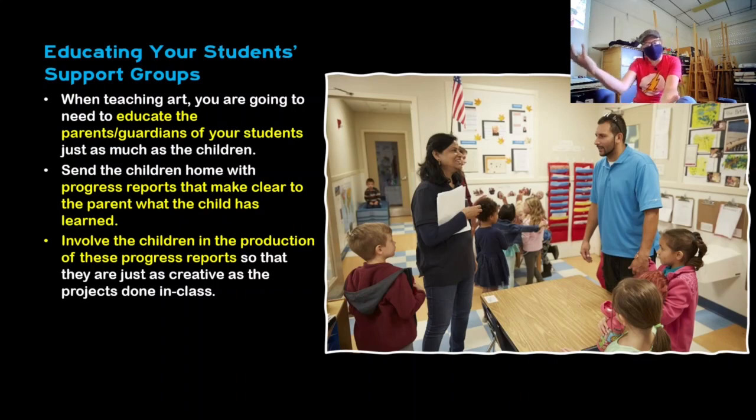They don't know, in my case, that they're sending it home to an art teacher who is aware of what they're doing, but this is what the teacher is accomplishing. And involve the children in the production of these progress reports so that they are just as creative as the projects they do in the class.